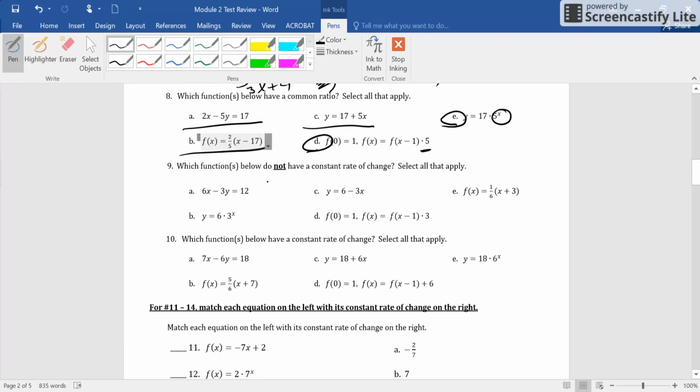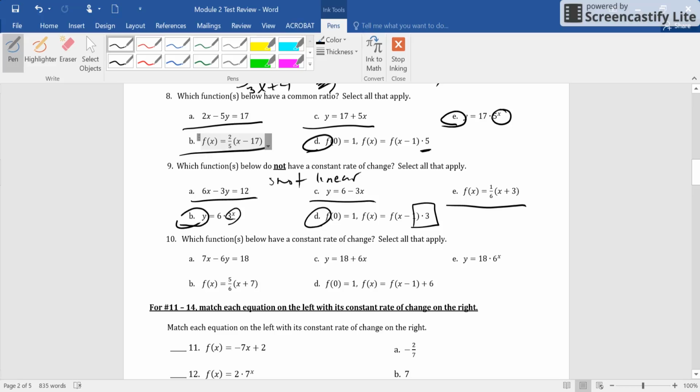So this says which is not linear. Okay, so what is not linear? This is not linear. It has this as an exponent. This is not linear. It has a common ratio. And the rest of these are all linear.